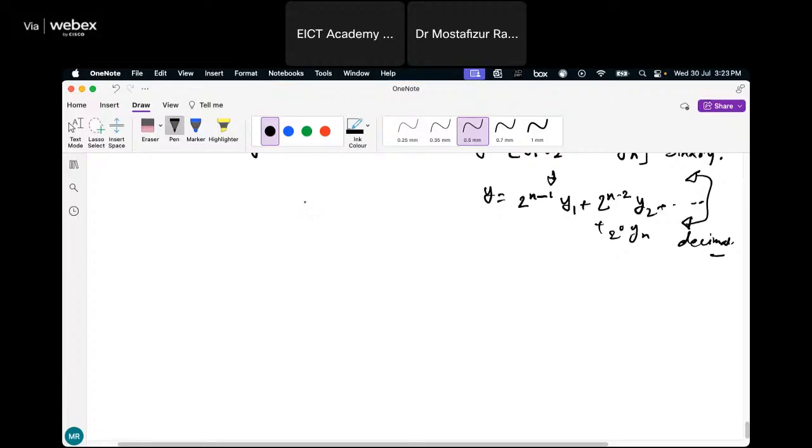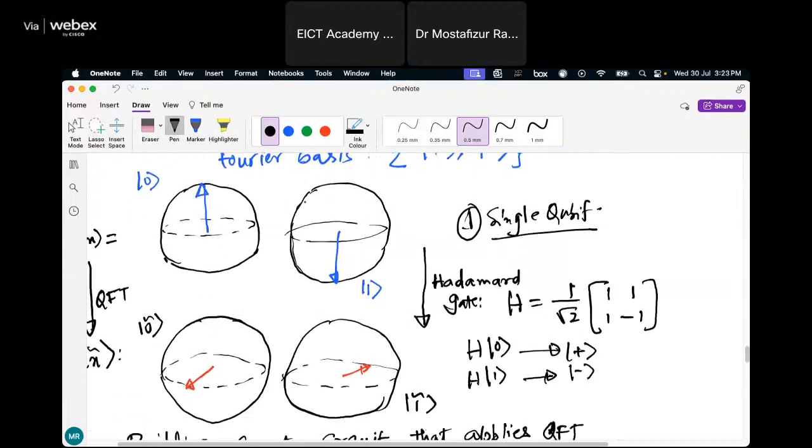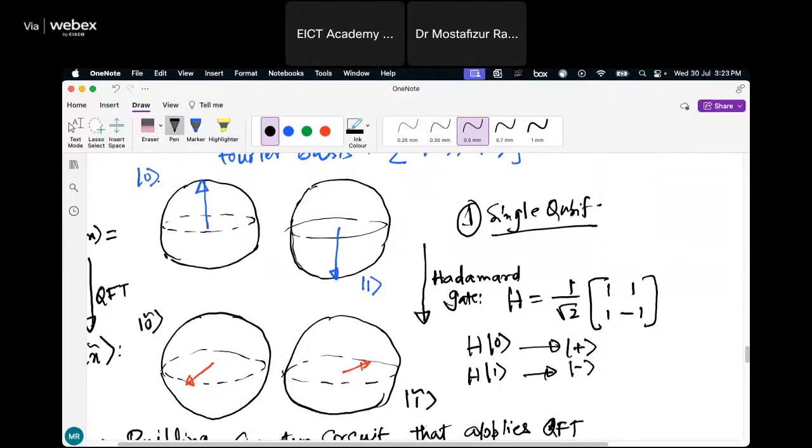On the Bloch sphere, if you apply Hadamard on the 0 basis, you'll get this state. If you apply Hadamard on the 1 basis, you'll get this state. So the application of the Hadamard gate on the 0 state gives the plus state, and on the 1 state gives the minus state.